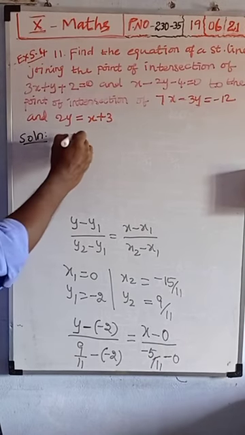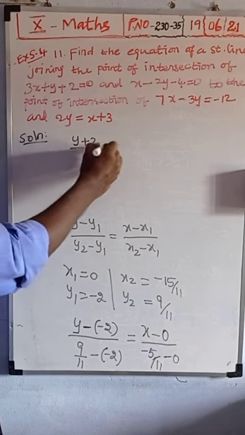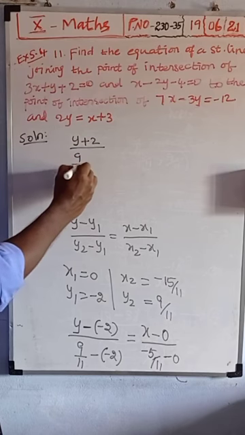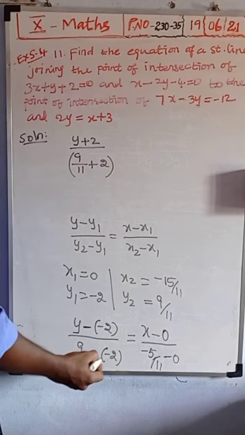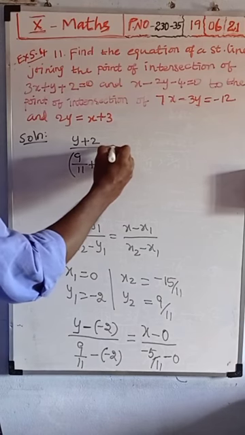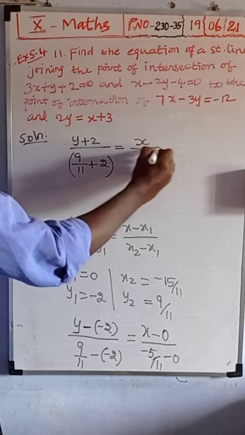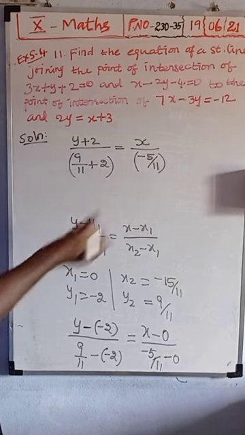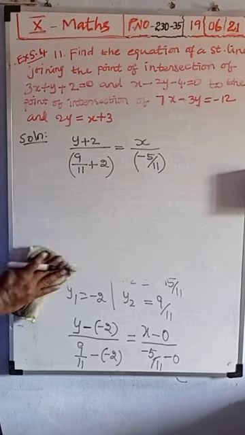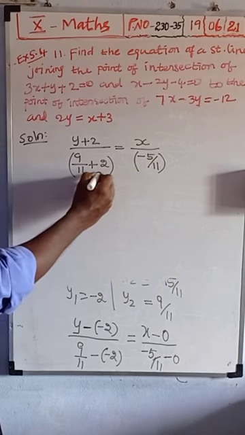Therefore, y plus 2 divided by denominator 9 by 11 plus 2. Minus into minus plus. Okay. Now this side x minus 0 means x divided by minus 15 by 11. So next step, you see here 11 you want to take as LCM.